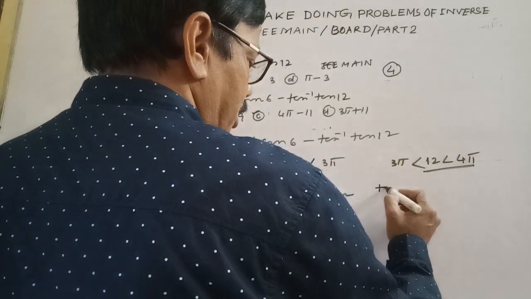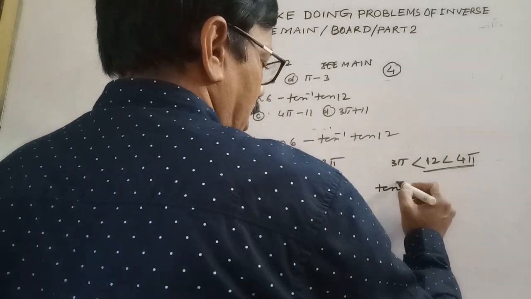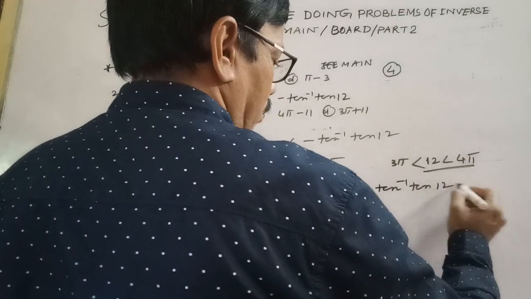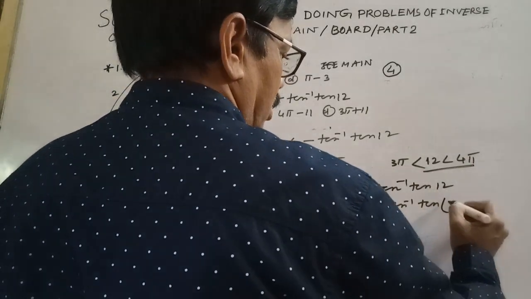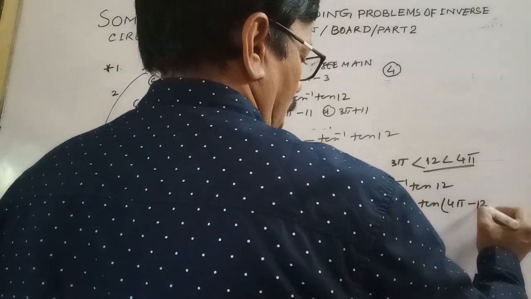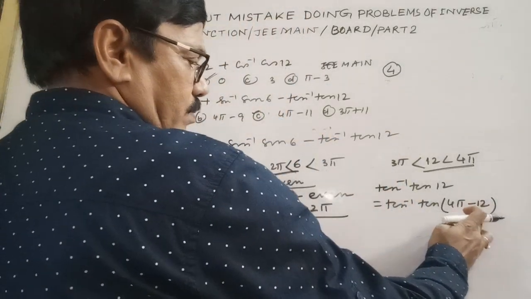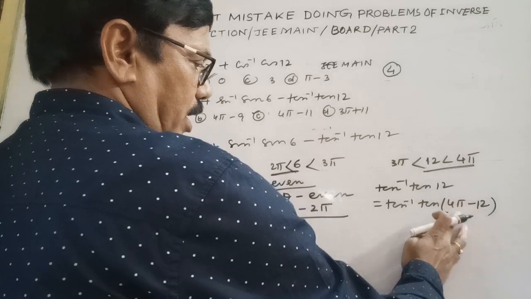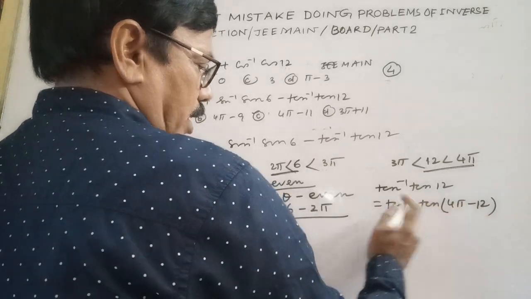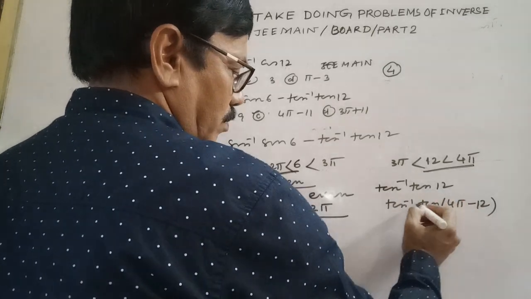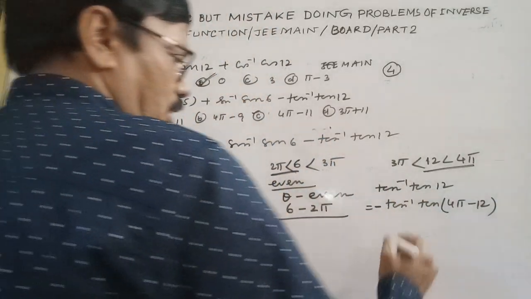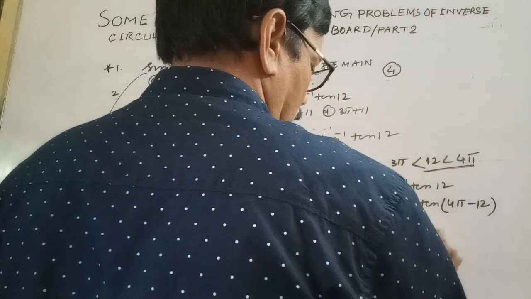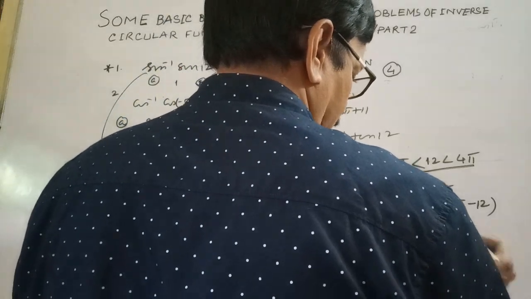So you can write tan inverse tan 12 as tan inverse tan (4 pi minus 12). So it lies in the fourth quadrant. So you are getting a negative. So you have to balance it by a minus. So tan inverse of minus x is this. So you are getting 12 minus 4 pi.